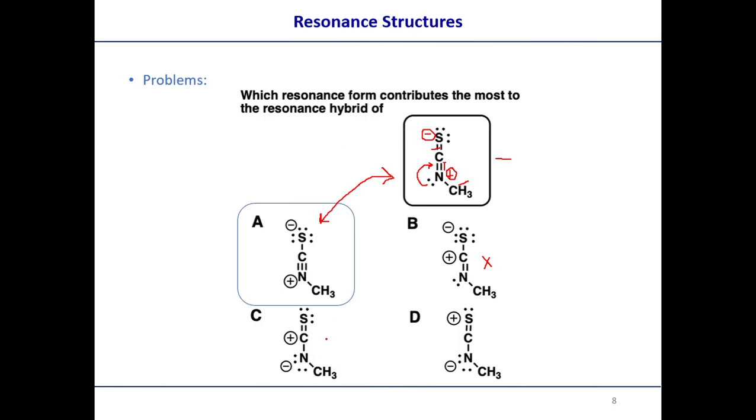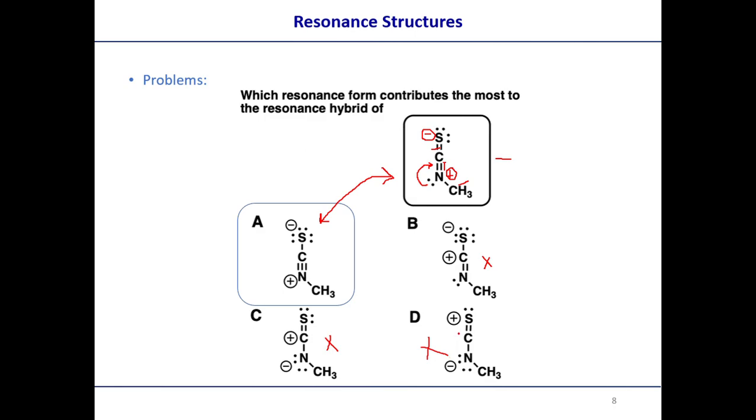So this is also not the correct resonance structure, because here only bond breaking is taking place. If you compare with this structure, only carbon-nitrogen pi bond breaking is taking place. That means it is also not a correct resonance structure. Pi bonds should be equal in both structures. Here we have two pi bonds, here we have only one, so this is also not the correct option. And the fourth one also has only one pi bond, so this is also not the correct option.